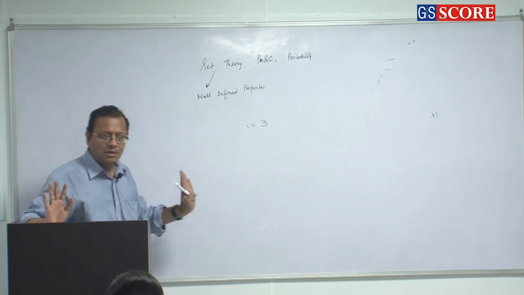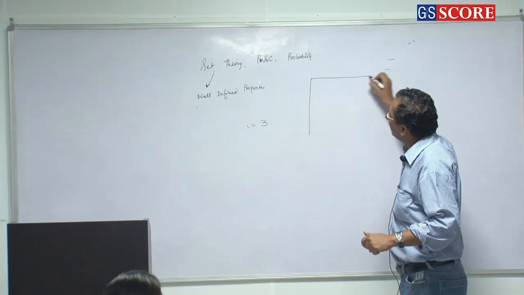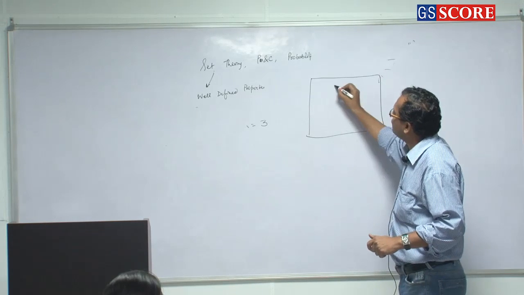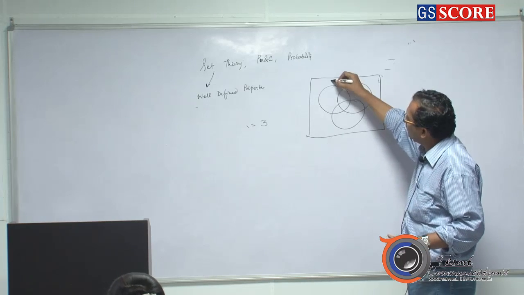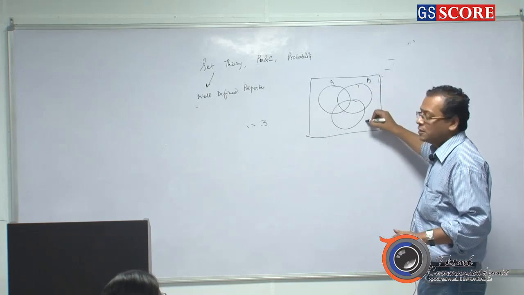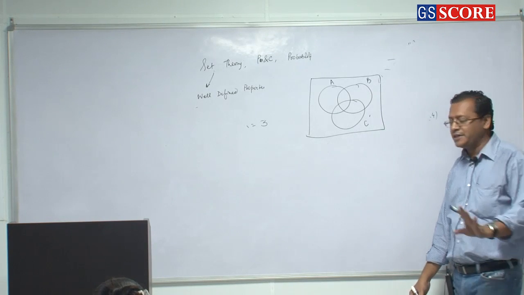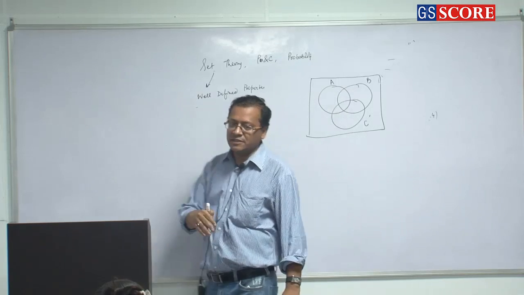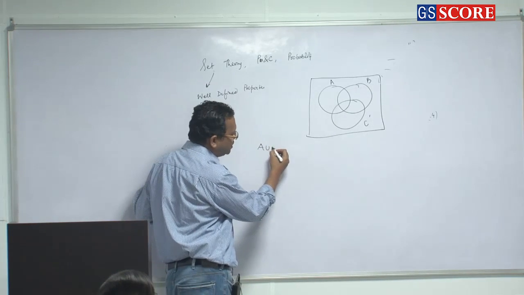Clear? But still I write the formula just for the sake of writing it. So if there is a formula for 2 sets, there is a formula for 3 sets as well. ठीक है, there is a formula for 3 sets as well. So for 3 sets, now please be very careful when I write the formula for 3 sets. I will explain each and every term.